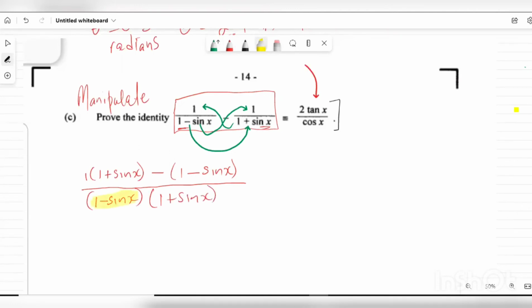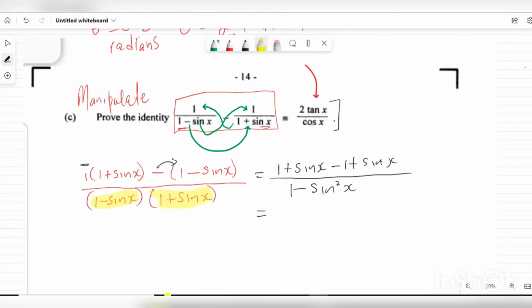This is the difference of two squares. A plus and a minus between the same thing. If I distribute the 1 inside here, I'm going to end up with 1 plus sine x. And if I distribute, I'll have minus 1 and a positive sine x, all over, when you multiply this, it's a difference of two squares, we'll get 1 minus sine square x.